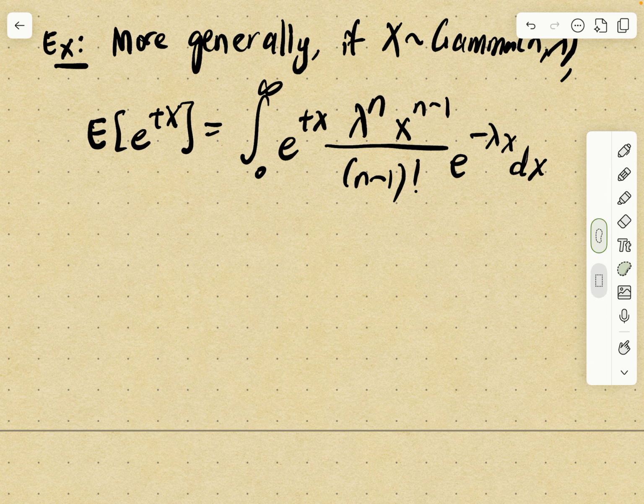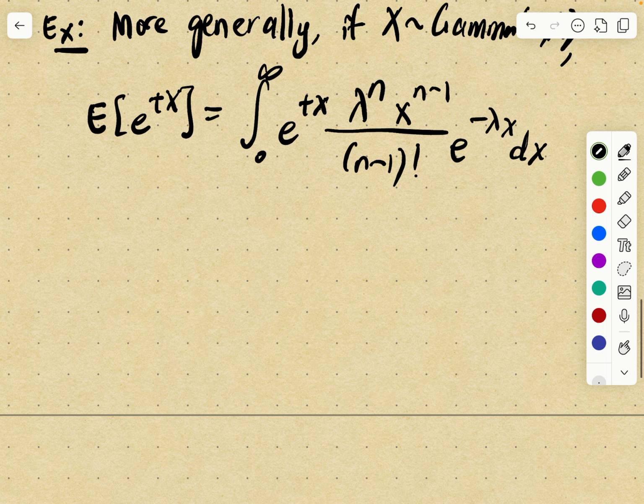So the thing is that we have an e to the minus lambda x and an e to the tx. When you combine those, you get e to the minus (lambda minus t) x dx. And we have a lambda to the n and an x to the n minus 1.